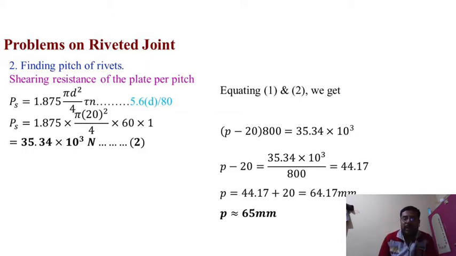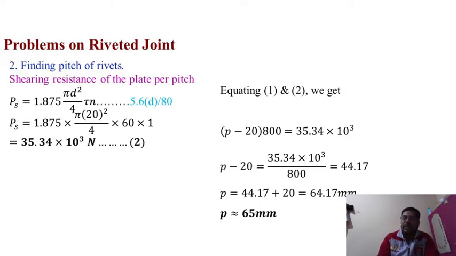P minus 20 is equal to 35.34 into 10 raised to power 3 divided by 800, which is 44.17. Then P is equal to 44.17 plus 20, since after crossing over, the minus becomes positive. Therefore P is equal to 64.17 mm.